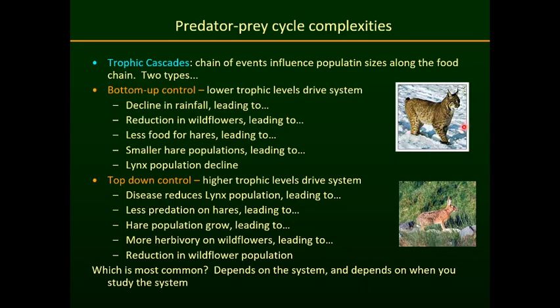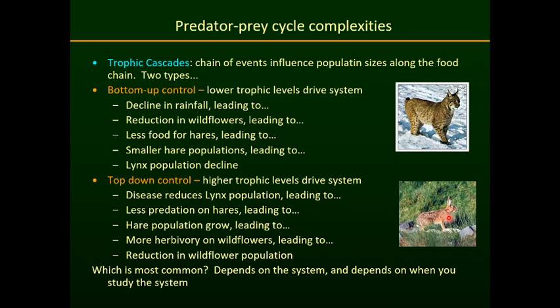So there's fewer predators, and what do you think happens to the hare populations? That's right, hare populations are going to increase because there's not as many predators eating them. What do you think happens to the grasses and the wildflowers? Yep, you got it. Those populations are going to grow very quickly.